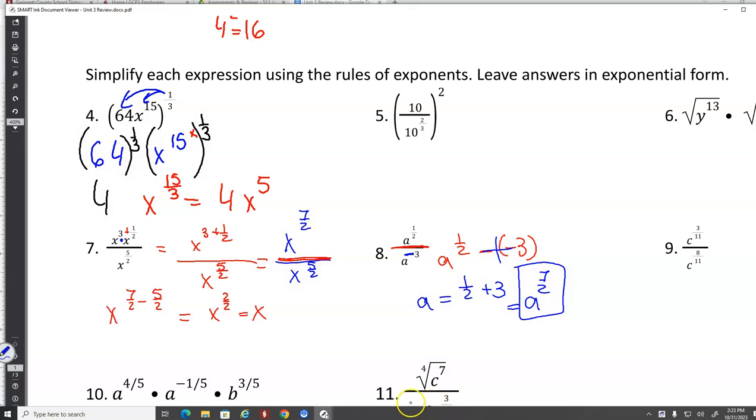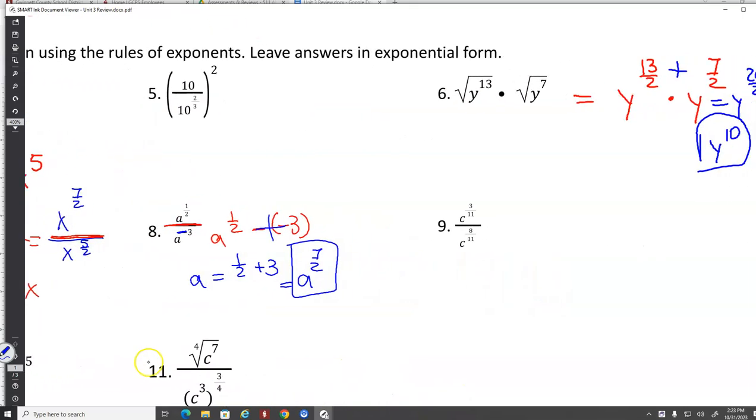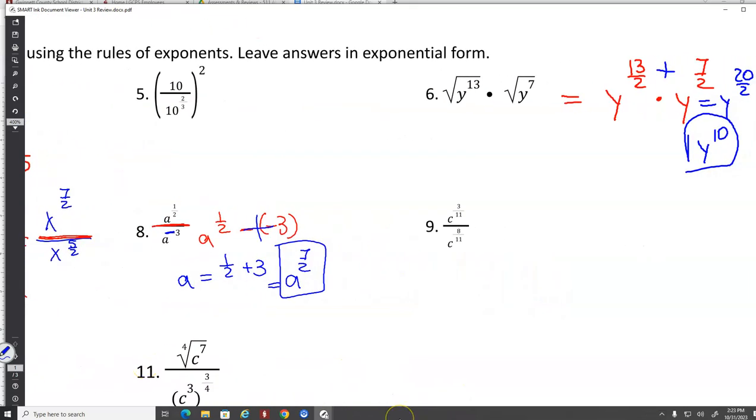All right, let's move on to the next one. Number 9, again, I got a division here, so I am subtracting their tops. That's C^(3/11). I'm going to subtract the bottom, which is 8/11.